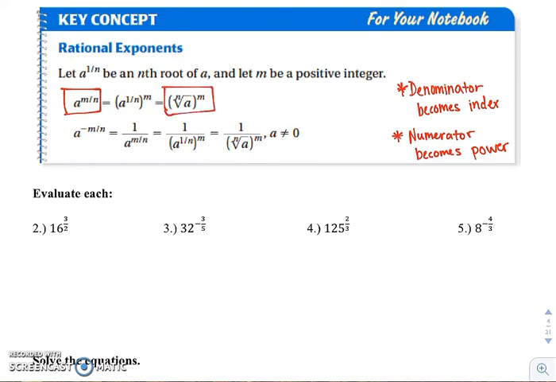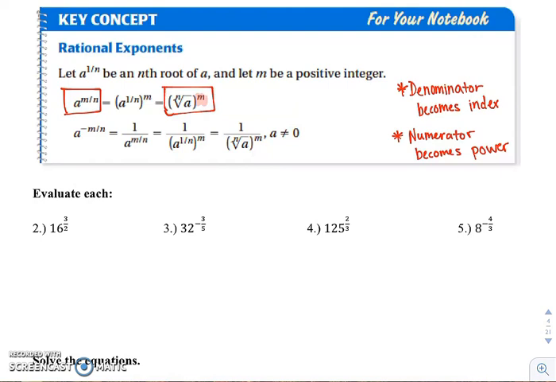So what happens is if you have a to the m/nth power, the denominator becomes the index of your radical and the numerator becomes the power. The base is what's going to go inside that radical, or underneath the radical.